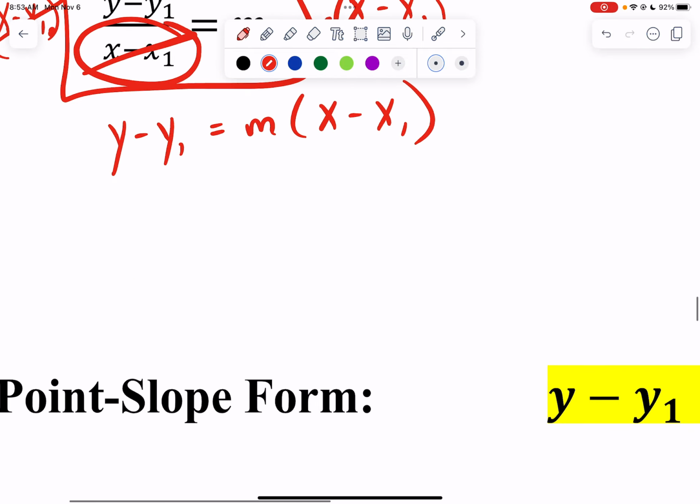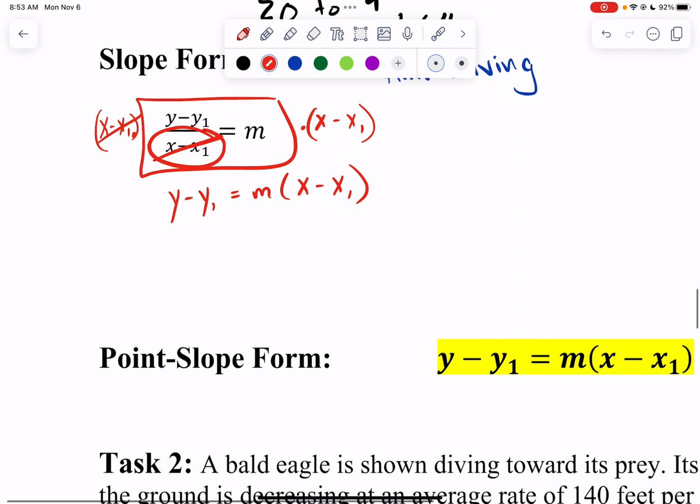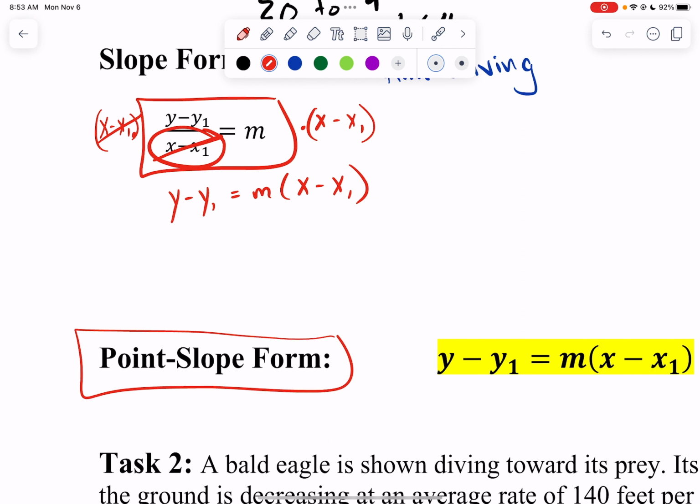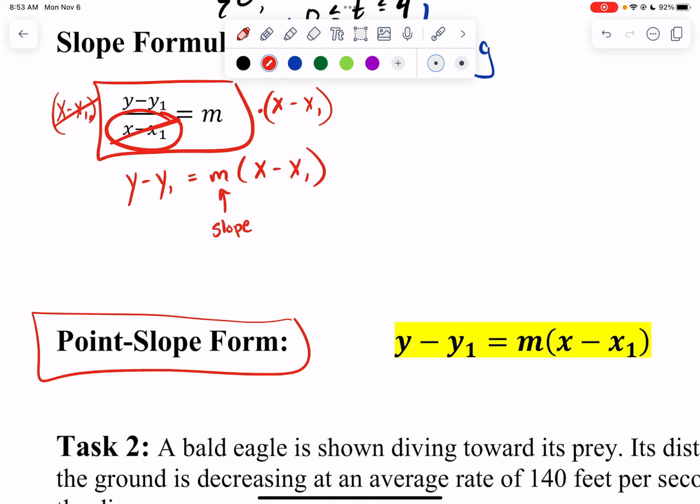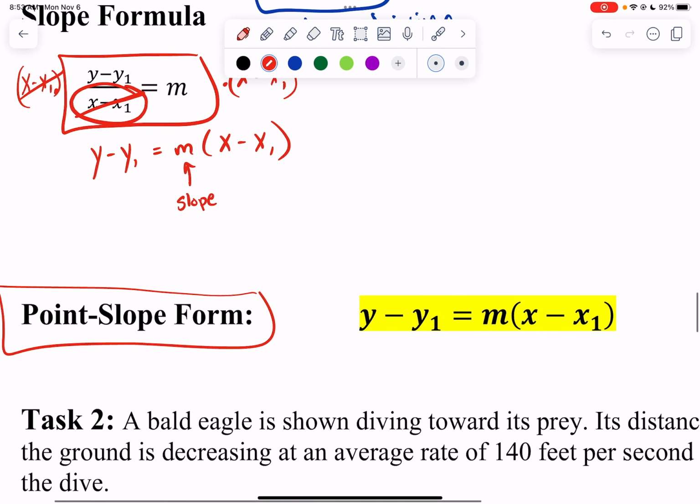This is what we call the point slope form. The reason we call it that, first of all, that slope is still m, but we can use this to actually write the equation of a line if I know the slope and a point on it. So the point x1, comma y1 is any point on the line.